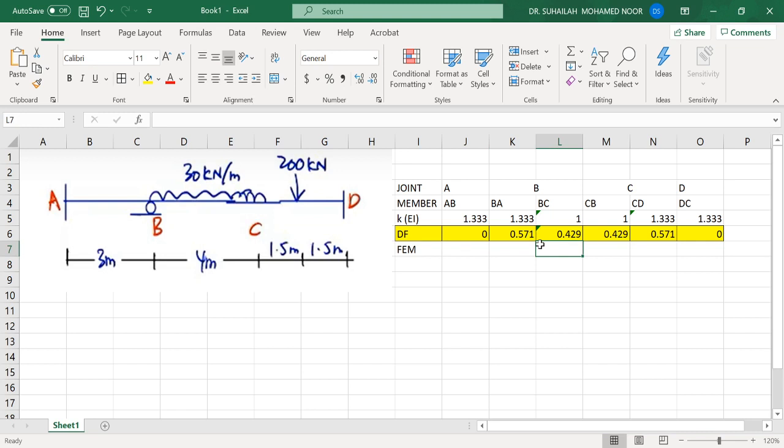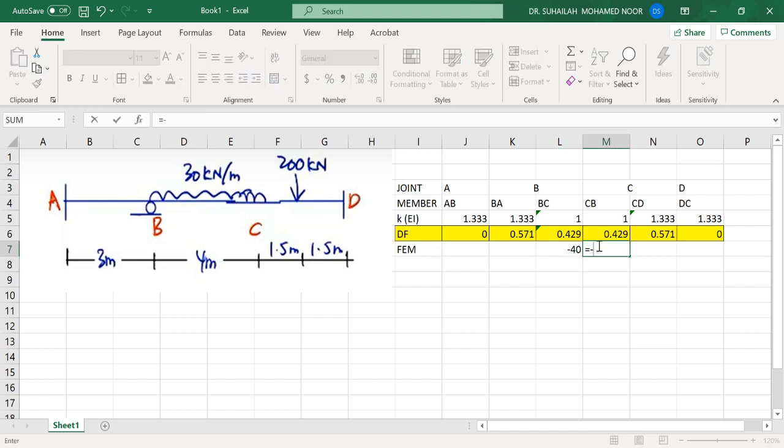For member BC, it is negative W, which is 30, times L squared, which is 4 times 4, divided by 12, so we get negative 40 and 40.